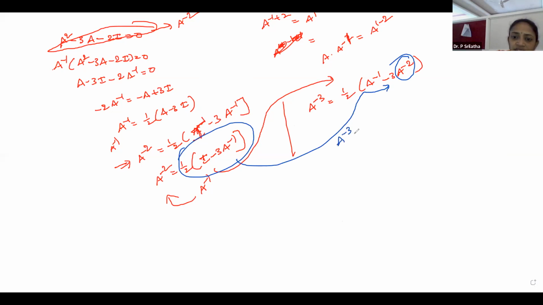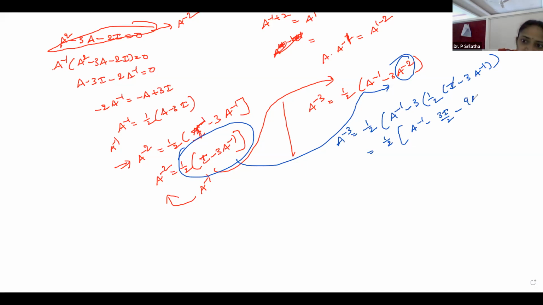So a power minus 3 equal to 1 by 2 into a inverse minus 3 into 1 by 2 into I minus 3a inverse. After simplification, we get 1 by 2 into a inverse minus 3I by 2 minus 9a inverse by 2.